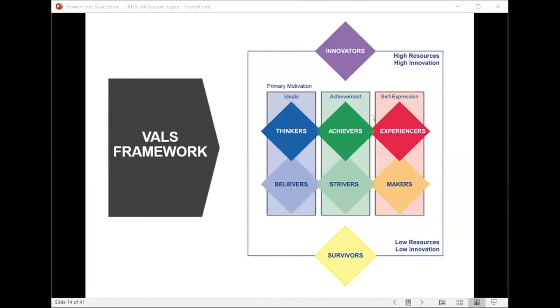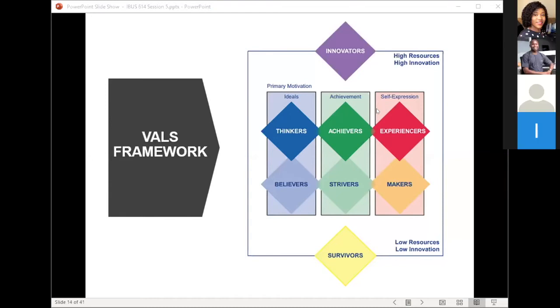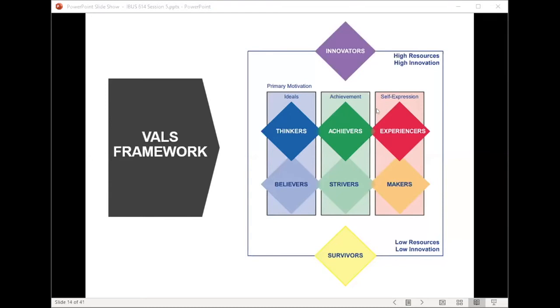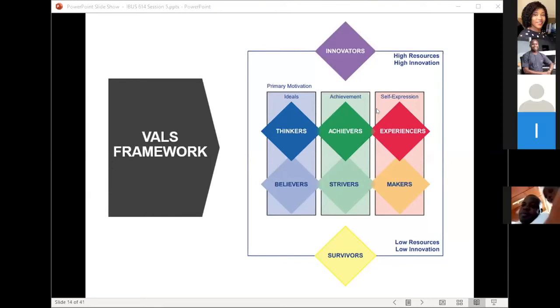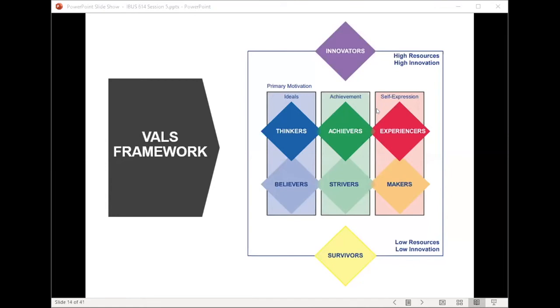Okay. Yeah, Doc, I was going to ask. Looking at this framework, is there further research that is cross-referencing this to some other psychographic model that you may have in order to classify customers based on this type of segmentation?